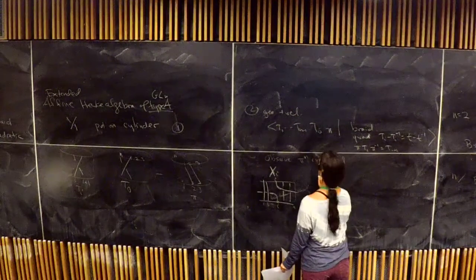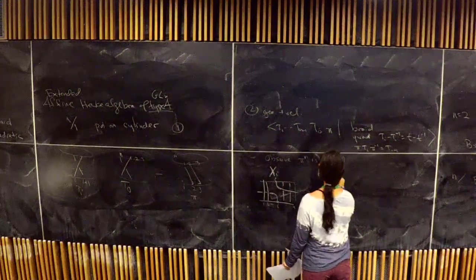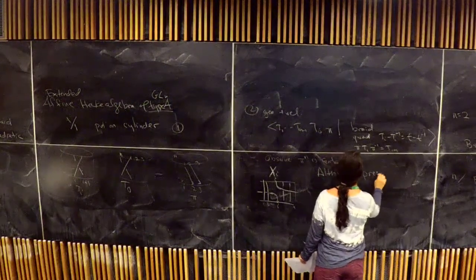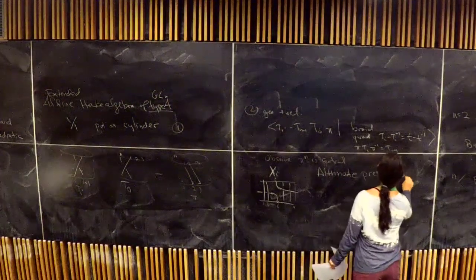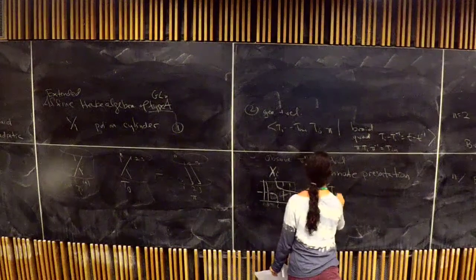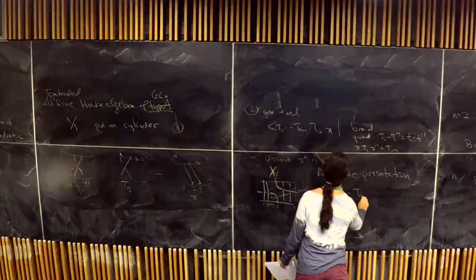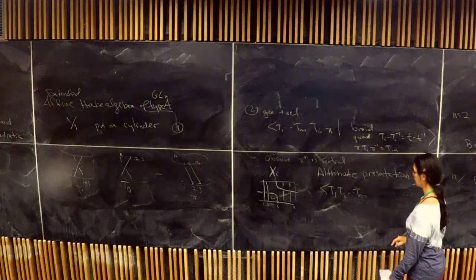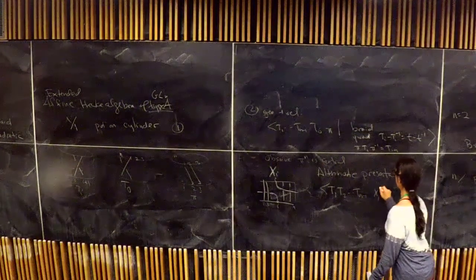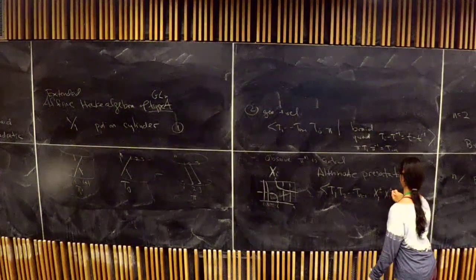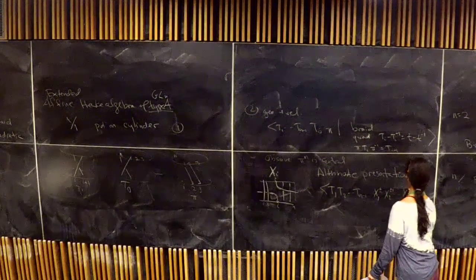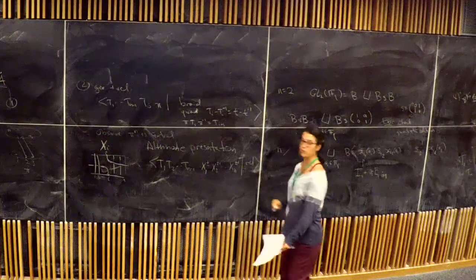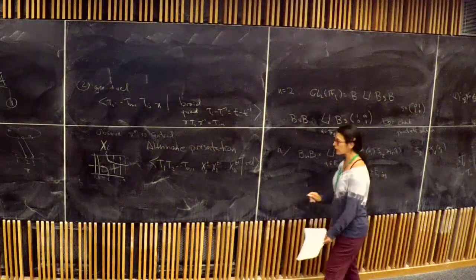So we have an alternate presentation, the Bernstein presentation, which is: you have t1 through t_{n-1}, and then x1, x2, and their inverses, up to xn. Modulo relations. And what are the relations?